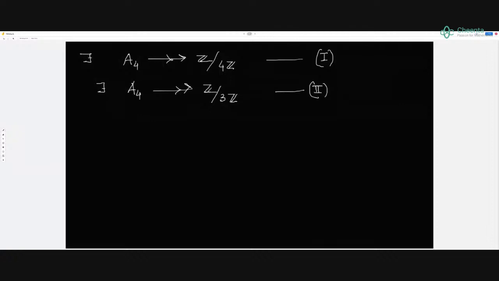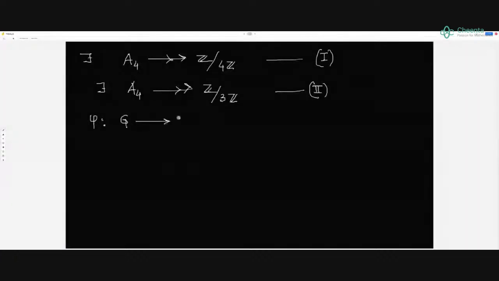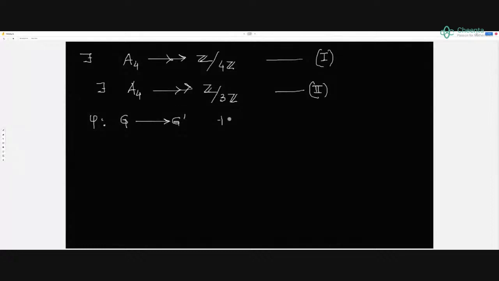This is a group theoretic question, and we will solve it like that. One of the things that you need to know to solve this problem is this: if phi is a group homomorphism from G to G prime, then for some g in G, the order of phi(g) divides the order of g.